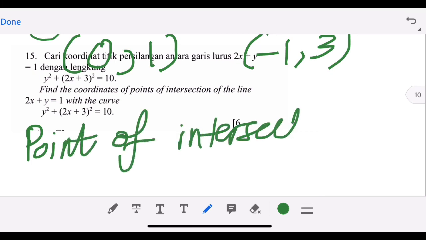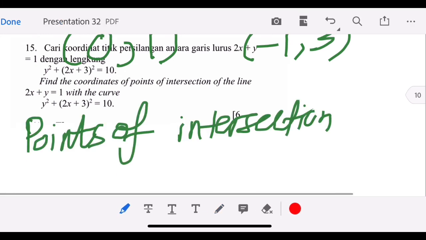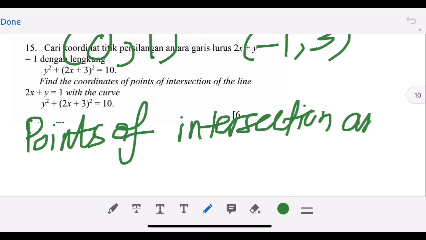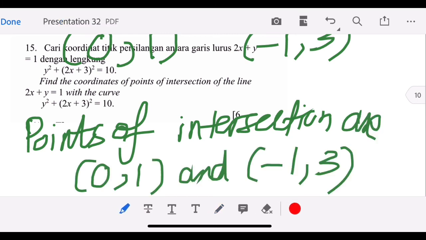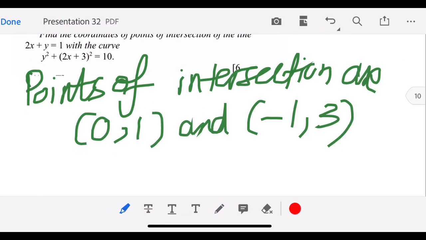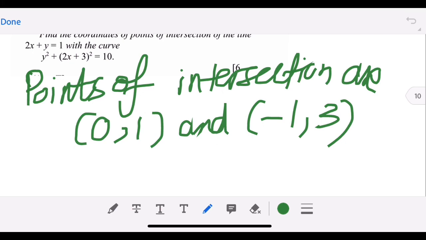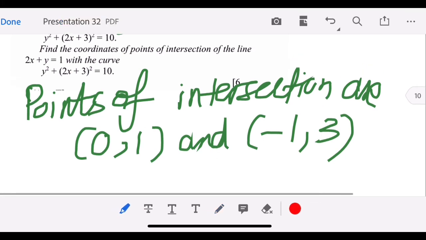Points of intersection, there are 2 points, are, okay, let's write, 0, 1 and negative 1, 3. Alright, so this should be your answer, and don't give me x equal to 0, y equal to 1. Okay, I'm not asking for x and y values. I'm asking for points of intersection.